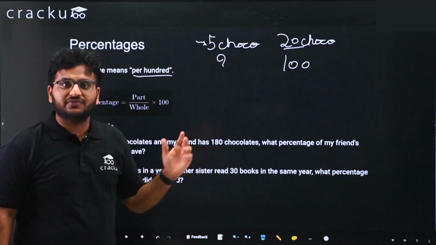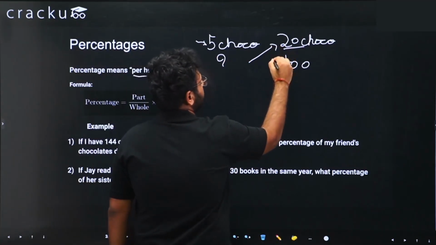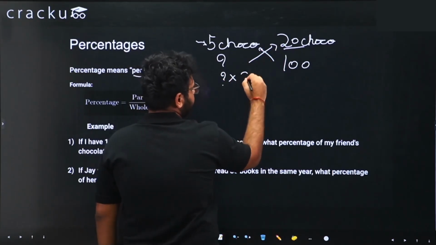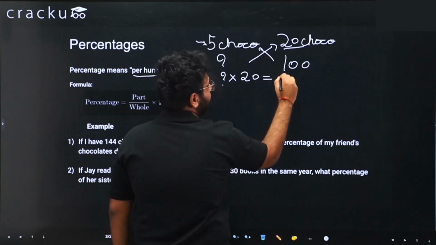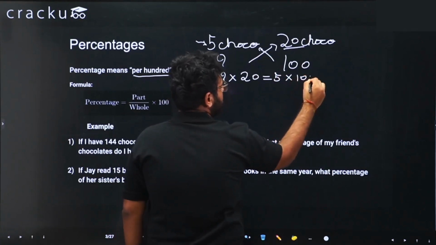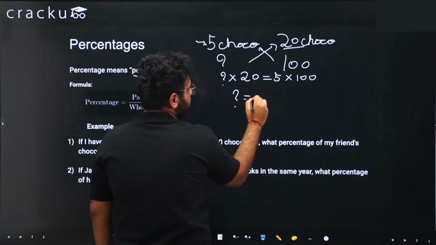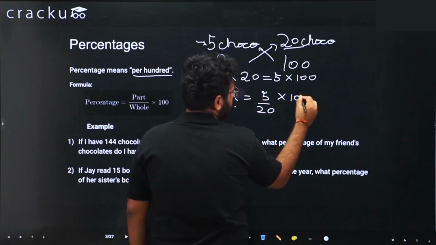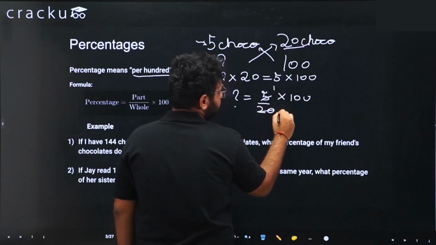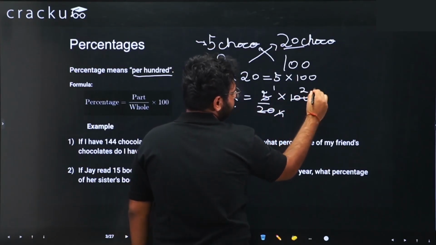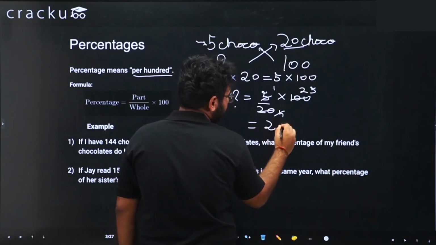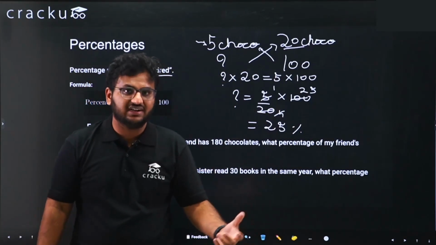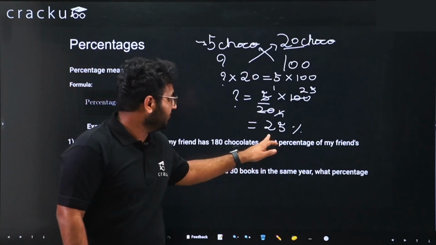We will cross multiply. This unknown quantity into 20 is equal to 5 into 100. So the unknown quantity is equal to 5 by 20 into 100. 4 into 25 is 100, so it is equal to 25 chocolates, or 25%. So if I had a total of 100 chocolates, I would have 25 chocolates.